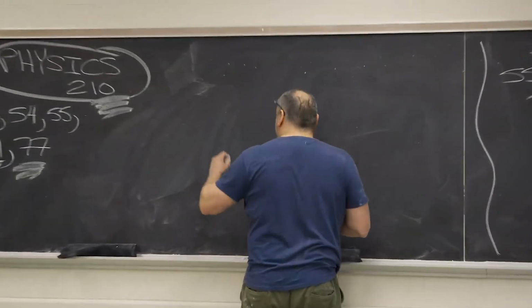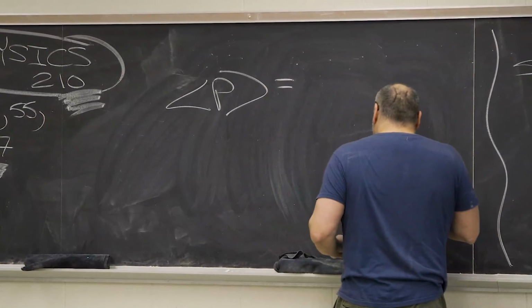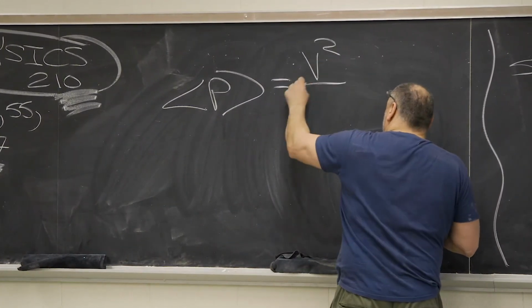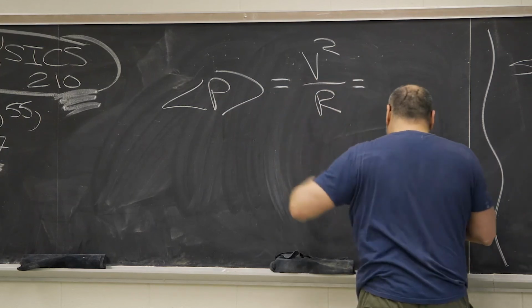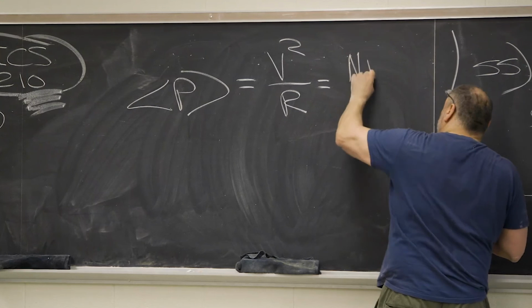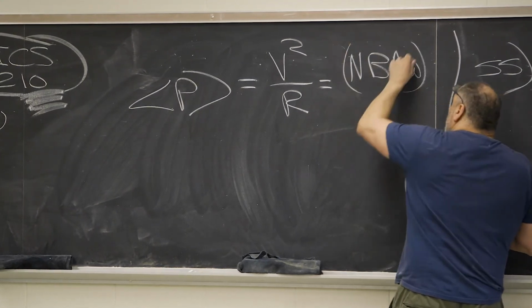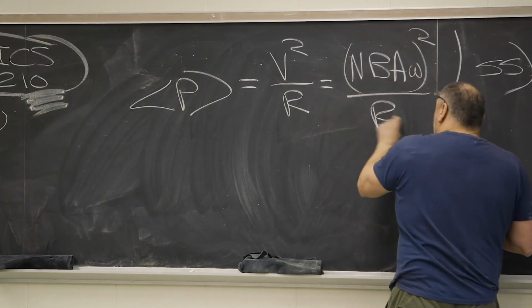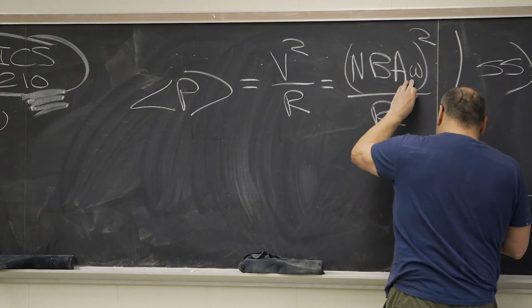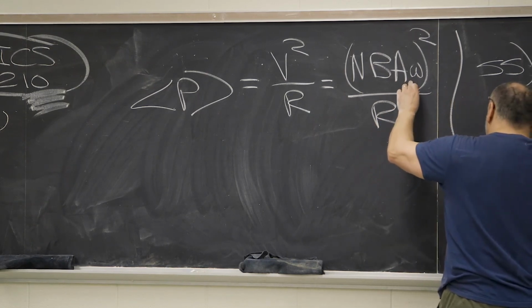You're talking about power. We said it's going to be V squared over R, or delta V squared over R. And what is that? Well, the induced EMF is the V, so it's NBA omega, squared, over R. N, B, A are all constants, R is a constant, omega is a constant. Interesting. And there's the sine of omega t.